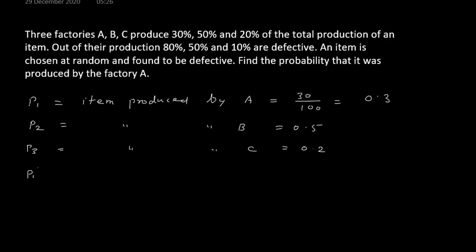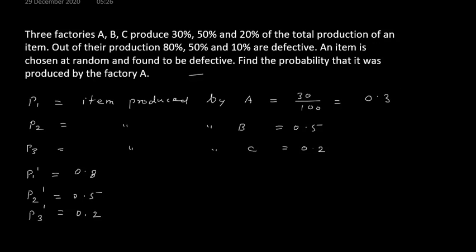What will be the P1 dash? That item produced by A and it is defective. So P1 dash is 0.8. P2 dash is 0.5 and P3 dash is 0.1.